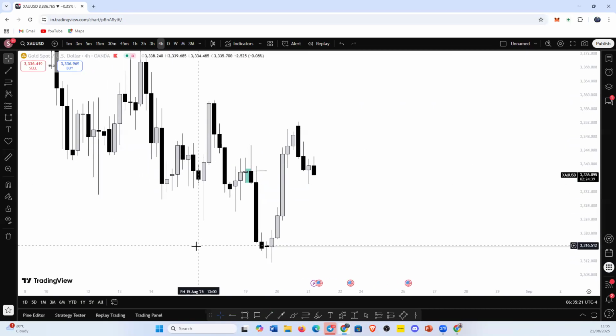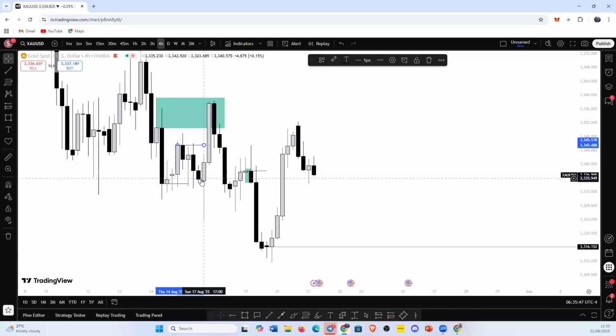That's classic SNR. This one also, we can still see it as a classic SNR level. This here is a classic SNR level. This one here also, they work perfectly well.